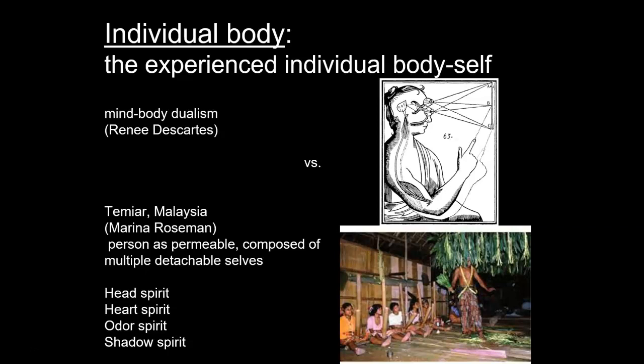Each person includes a head spirit, a heart spirit, an odor spirit, and a shadow spirit. And what she describes is that these spirits can, and sometimes do, wander off into the forest around where Temiar people live, and essentially detach themselves from the person, which brings on various kinds of illness.